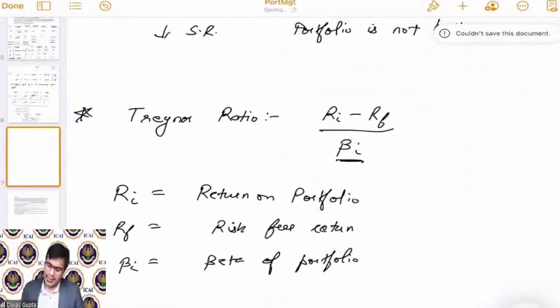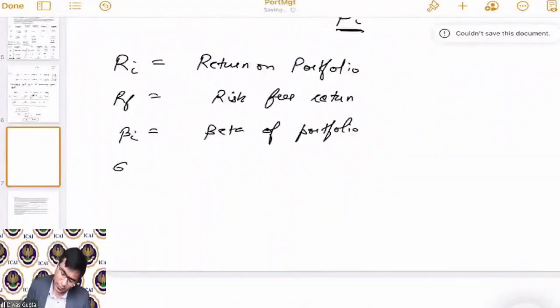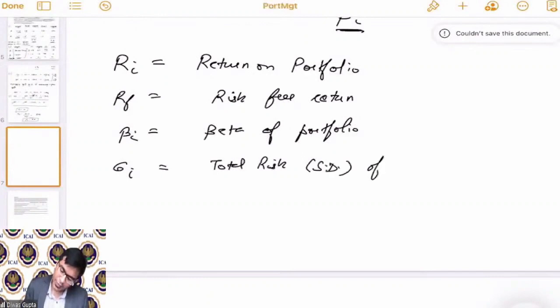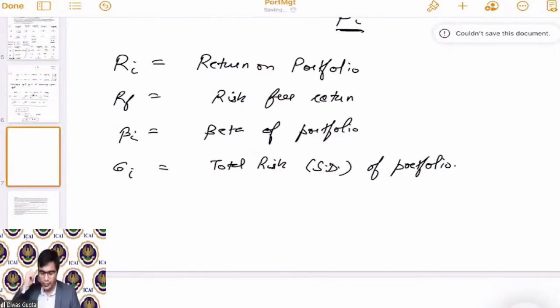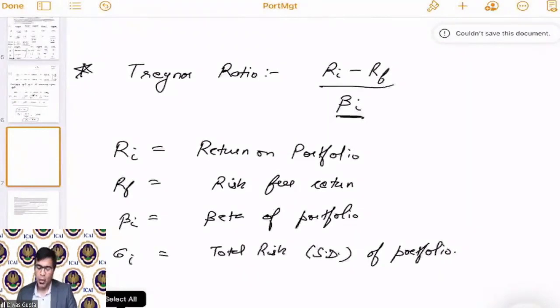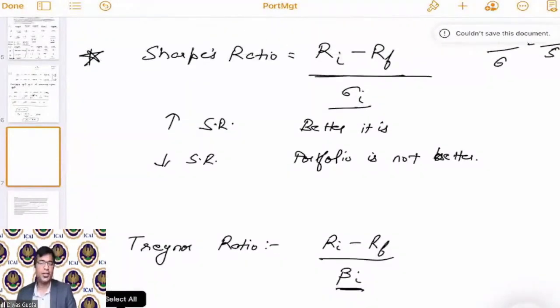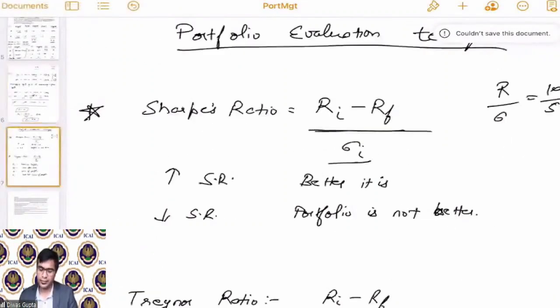And standard deviation is equal to total risk, or I can say SD, standard deviation of portfolio. Okay, students. So this is what Sharpe's and Treynor's evaluation techniques say, and both of them have different logics and different perspectives to view how to evaluate a portfolio. Correct?